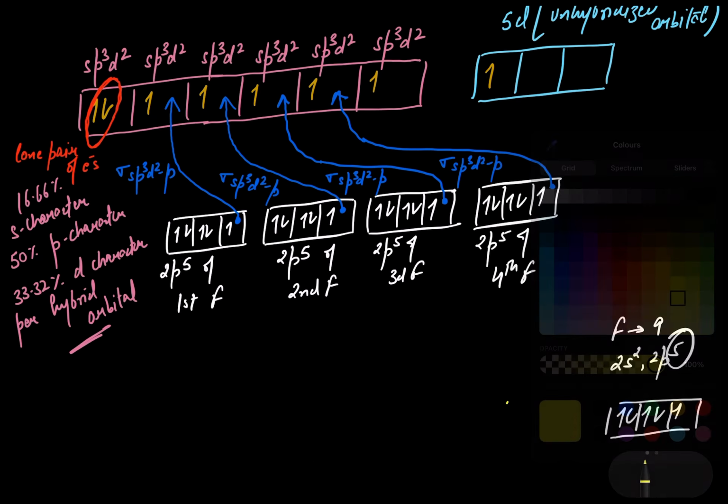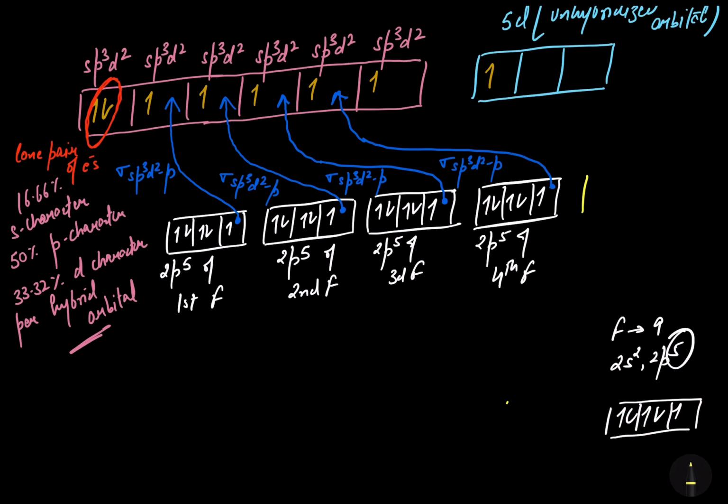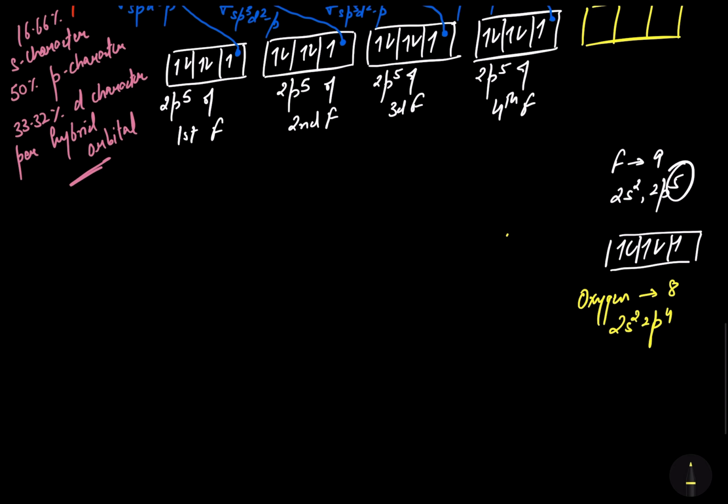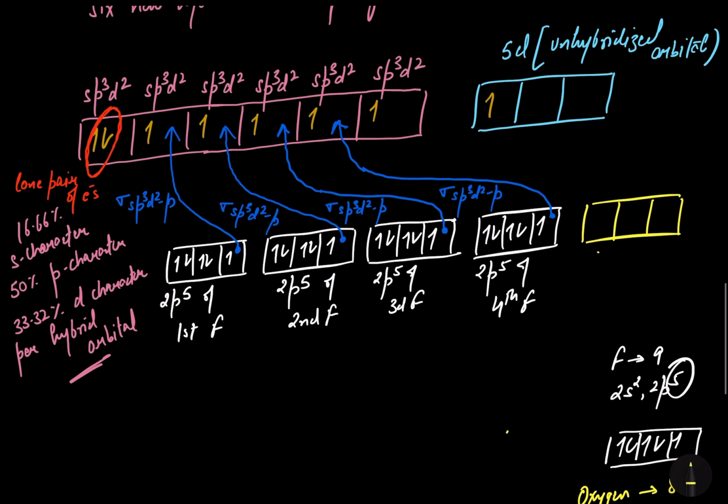Now let's talk about the oxygen atom. What's the atomic number of oxygen? That's 8. So its valence electronic configuration will be 2s2, 2p4. So that means that's the 2p of oxygen, which has 4 electrons.